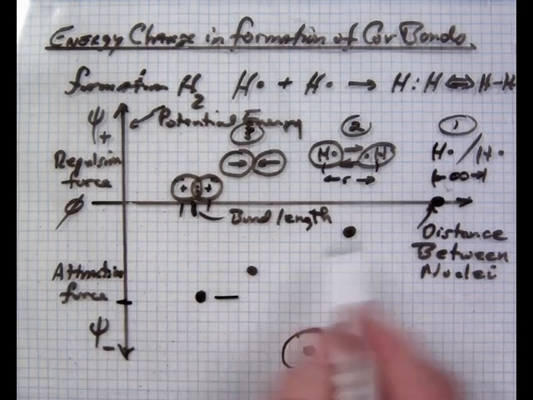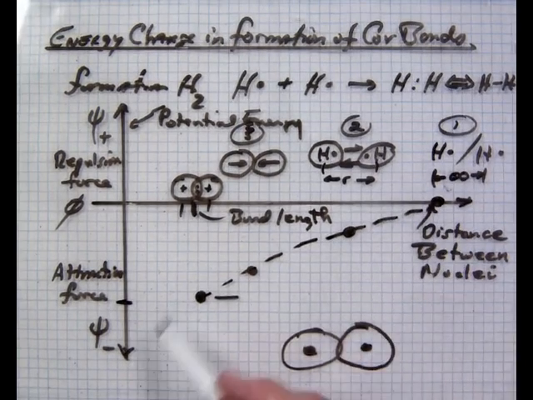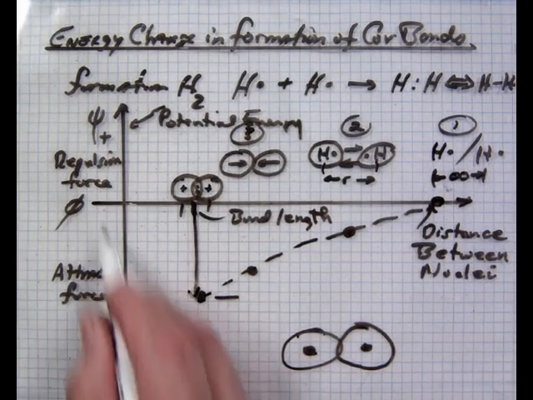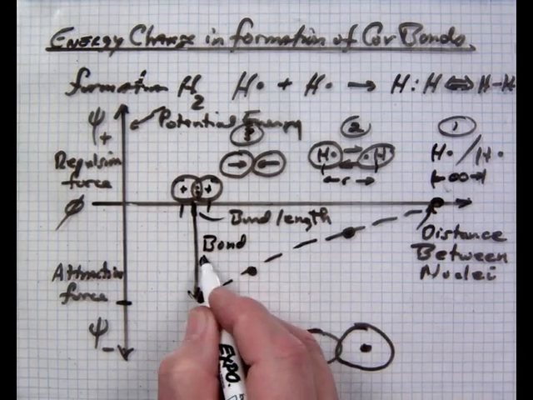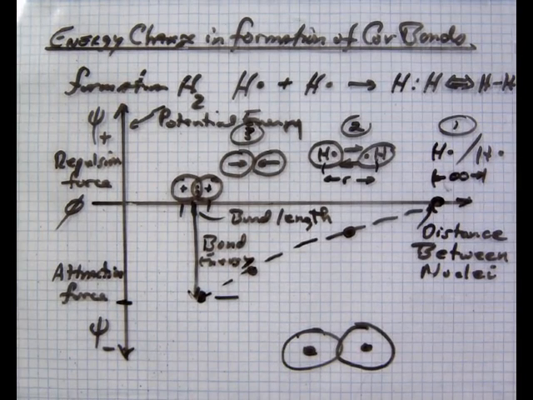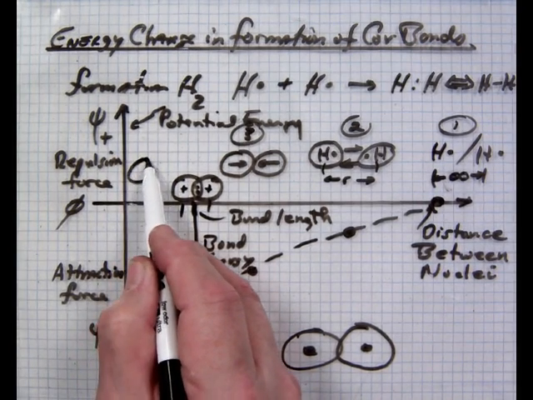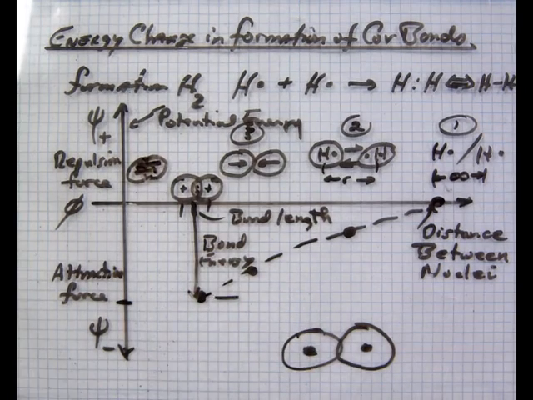So if we start filling in the curve right here, the depth of this is an energy term, and this is bond energy: the energy given up by a bond when it forms. Now, as we get on this side and start pushing them together, the repulsion energy increases.